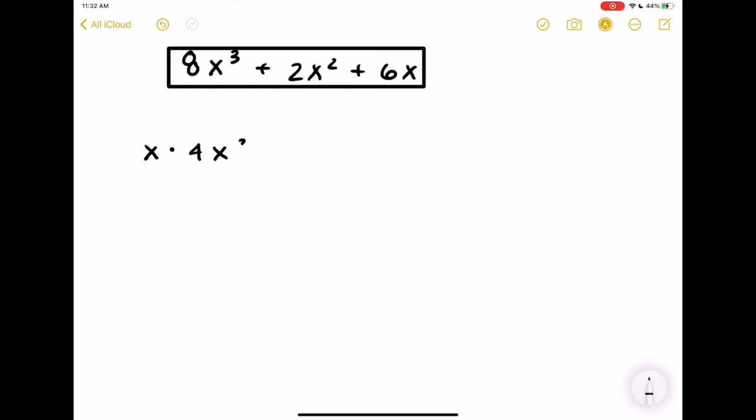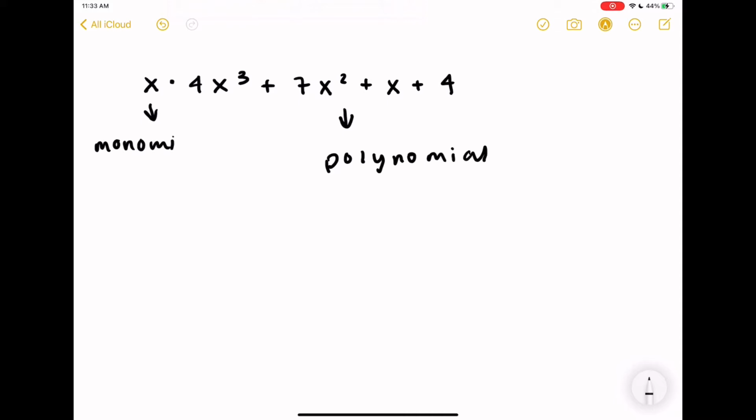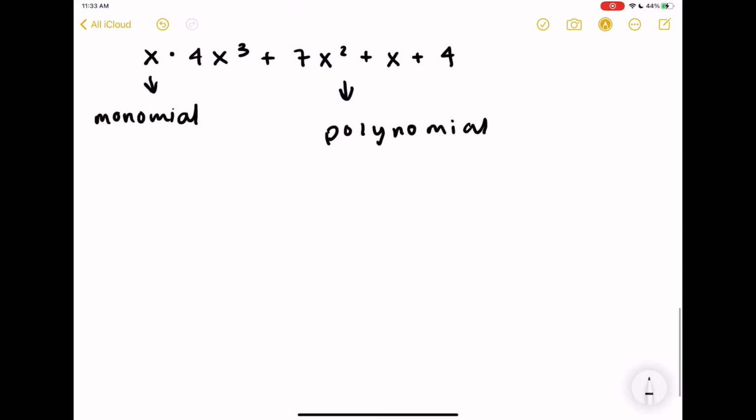Another example is x times 4x cubed plus 7x squared plus x plus 4. As you can see, we have more than 3 terms in the polynomial, but it's still a polynomial because the definition of a polynomial is 3 or more terms.